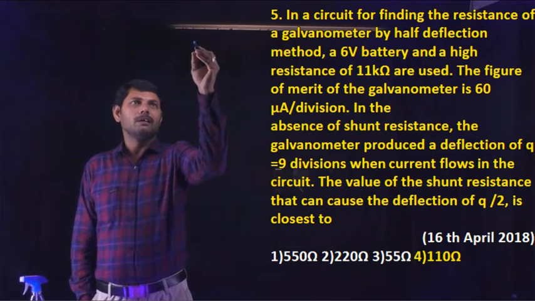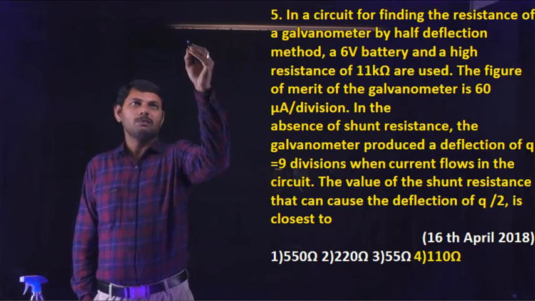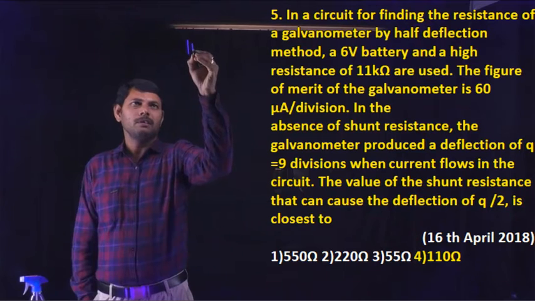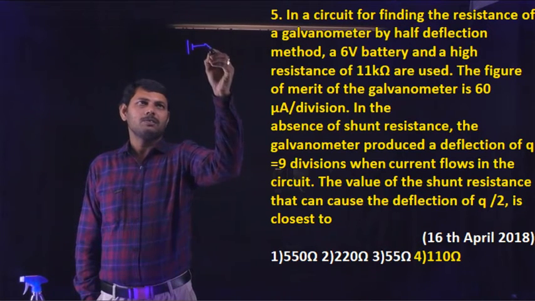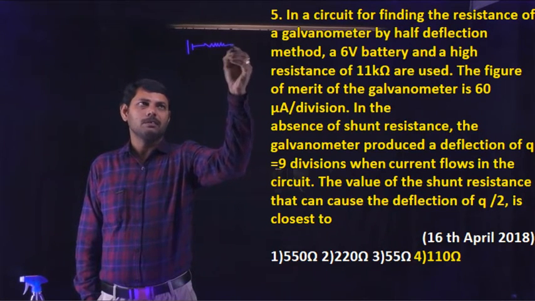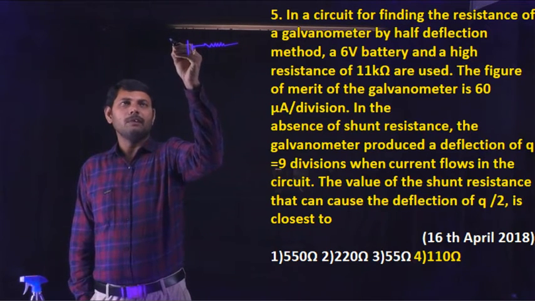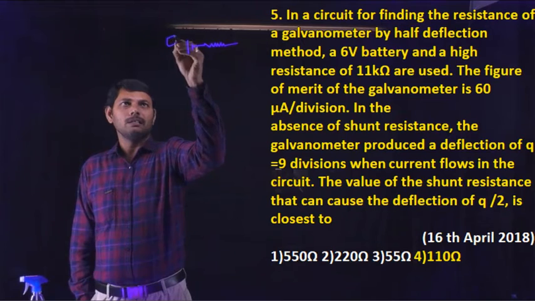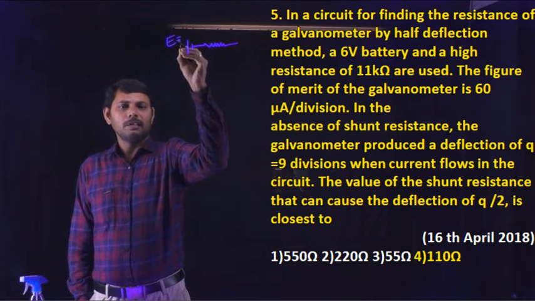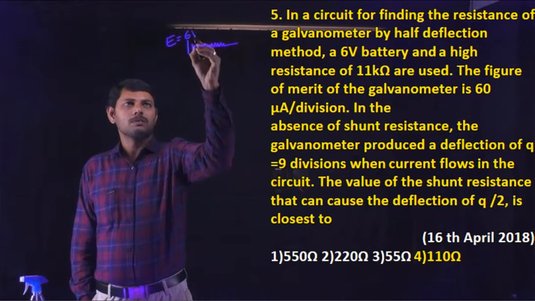So here we have a circuit. Let us assume a circuit. This is the battery and a resistance is connected in series to the battery. Here E is the EMF of the battery, let it be equal to 6 volts.